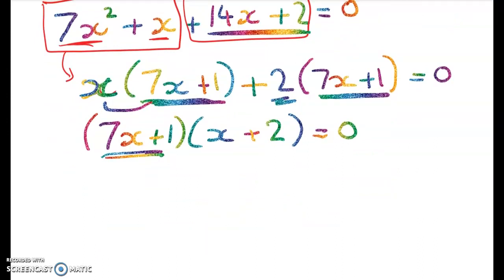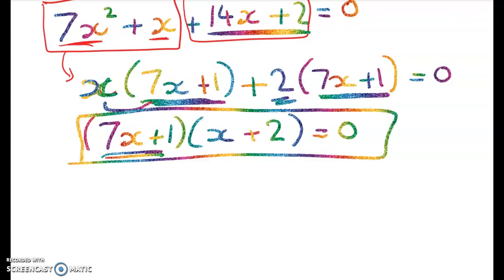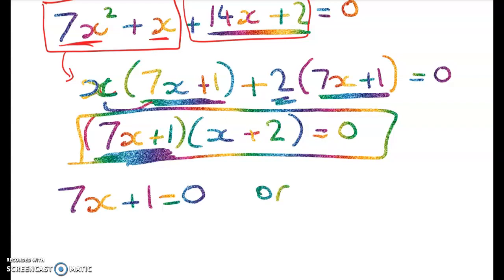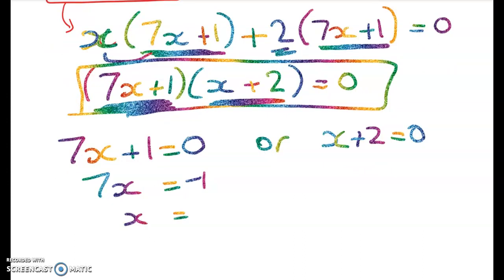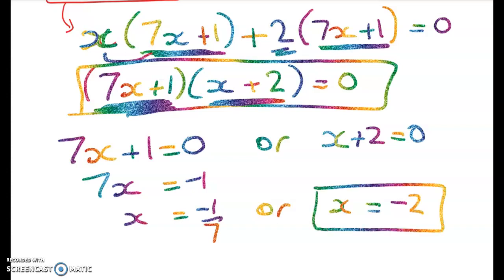Right, so in order for this whole thing to equal 0, either this factor has to be 0, 7x plus 1 equals 0, or this factor has to equal 0. That gives me 7x equals negative 1. So x is equal to negative 1/7, or x is equal to negative 2.